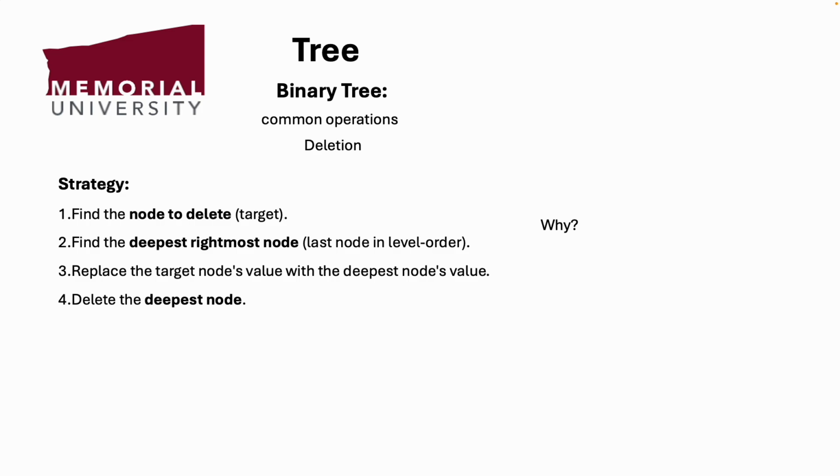Second, delete the node and relink its children. Third, we have the soft delete. And the fourth case, just delete the leaf, meaning the last level of the tree.